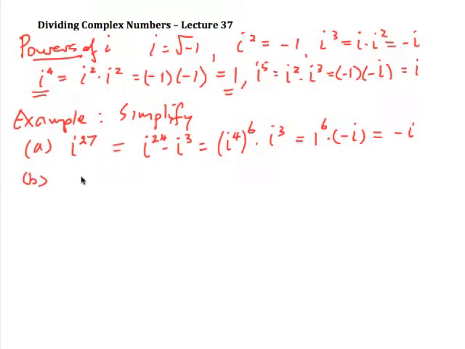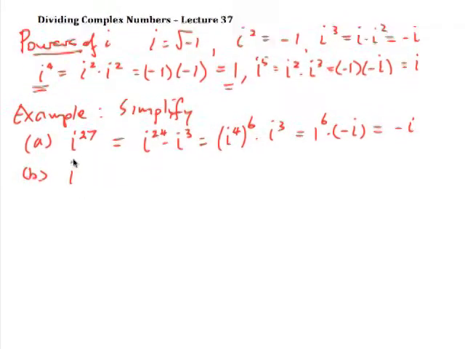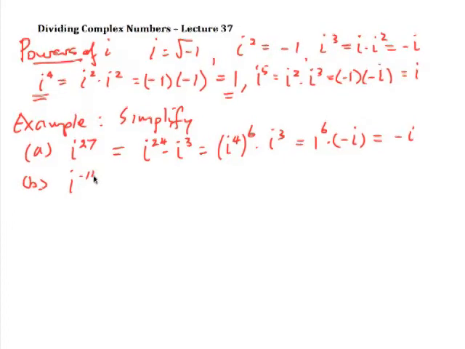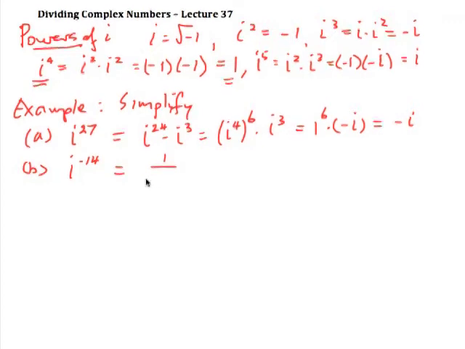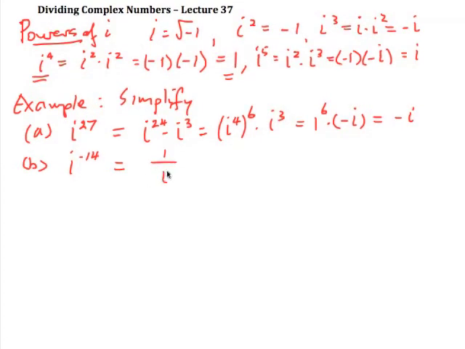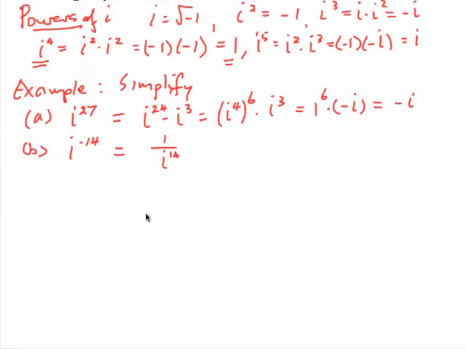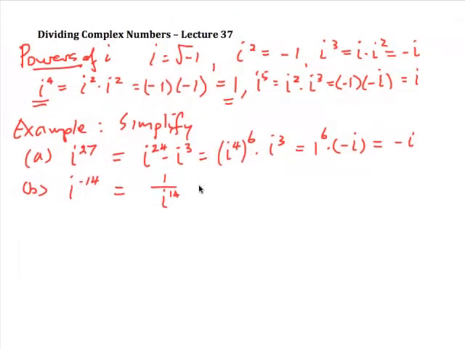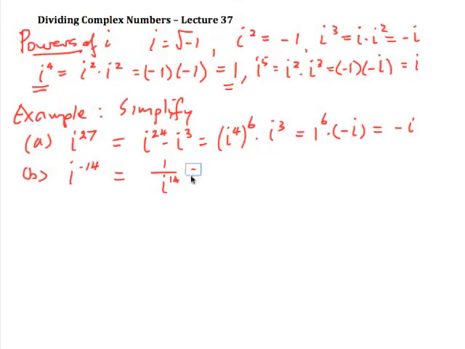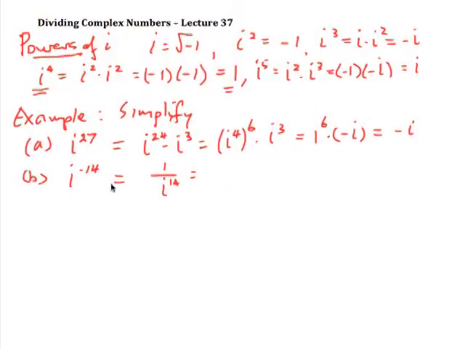Okay. Similarly, what if I want to do i to the -14? Well, this is 1 over i to the 14. We could write it like that, or we could try i to the 4 again.